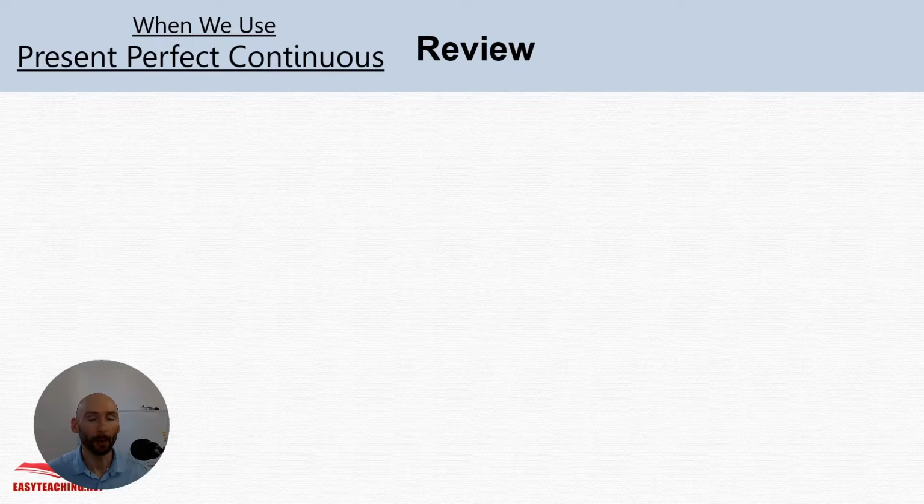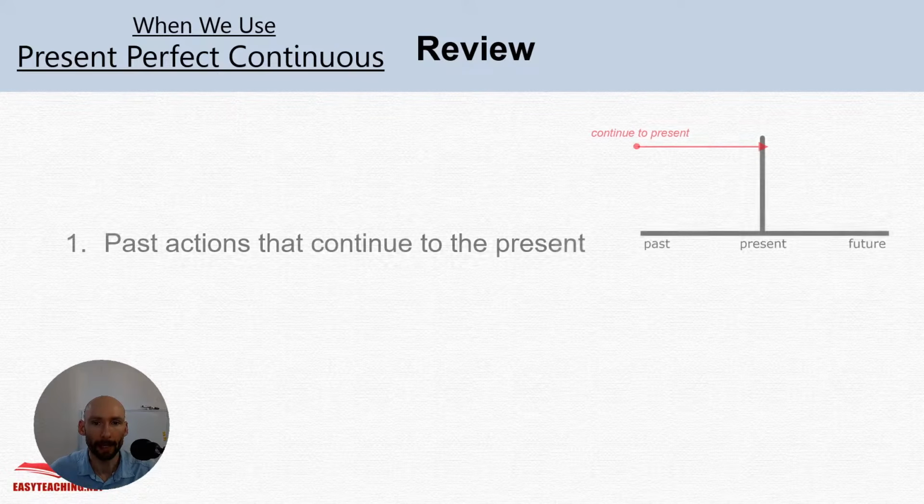Okay, let's very quickly review. Present perfect continuous tense allows us to show that actions or states from the past continue into the present. Okay, that's an important one to remember. An action started in the past and continues into the present.